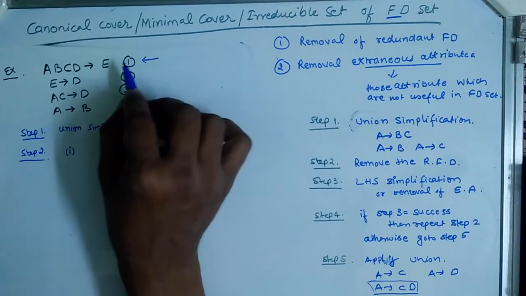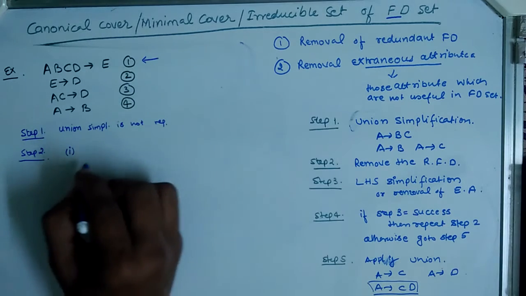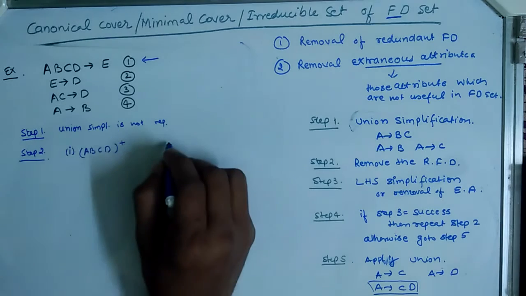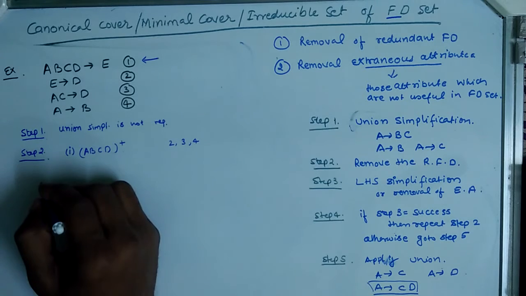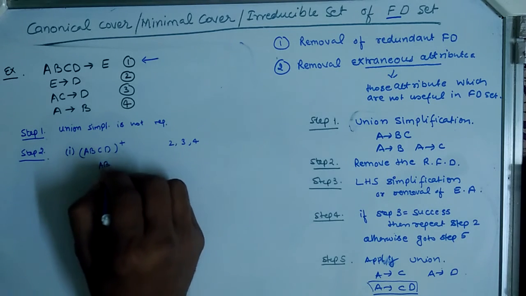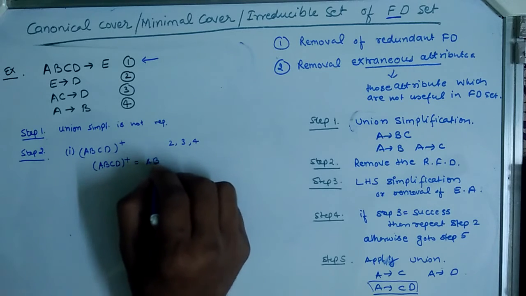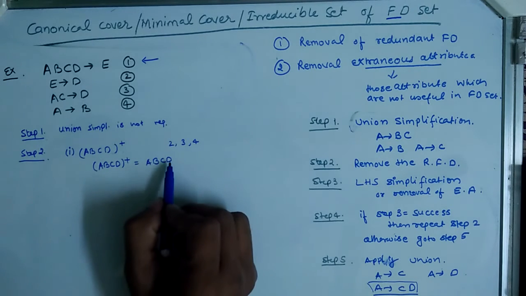If we need to check this one, we need to hide this functional dependency and calculate the closure of A, B, C, D from equations 2, 3 and 4. So this ABCD closure gives you attributes A, B, C, D. Along with that, from 2, 3, 4, can you derive another attribute? Yes, from the third you can derive D, but it is already there.